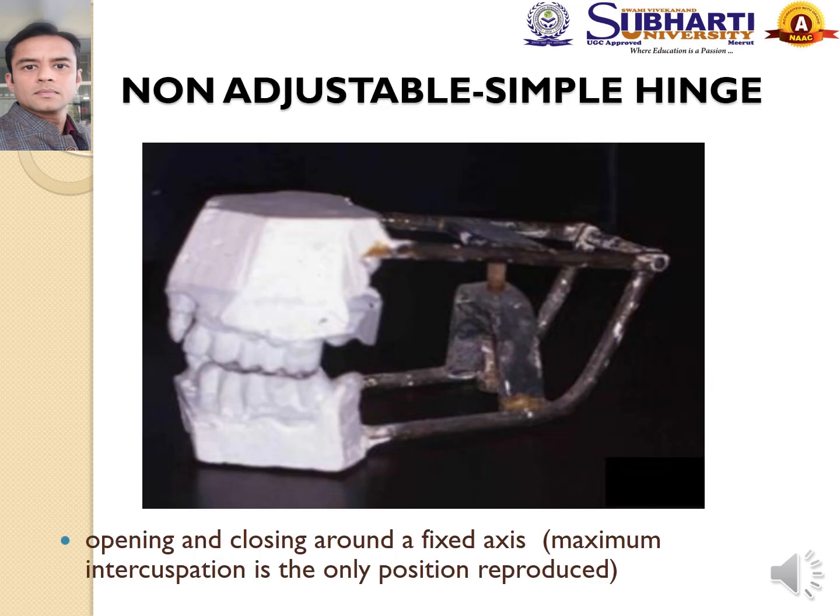Now this is the slab articulator or dog bite articulator. Example, non-adjustable simple hinge. Here we have the hinge only. This is the vertical stop, only opening and closing, that is the vertical movement around a fixed axis, is possible.